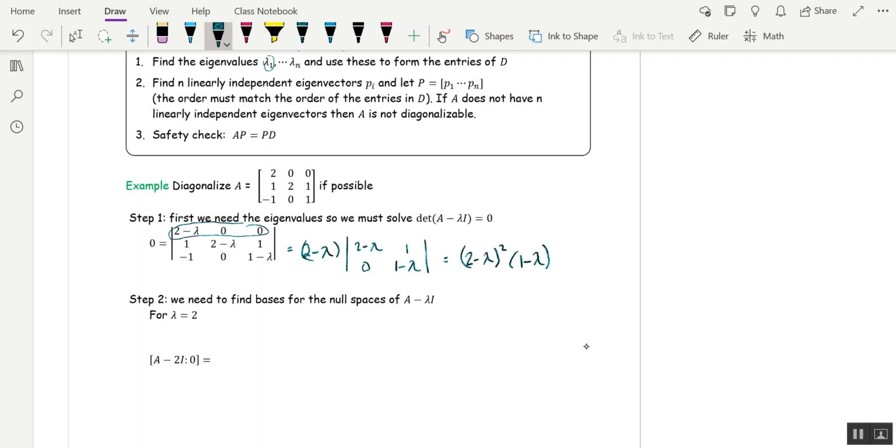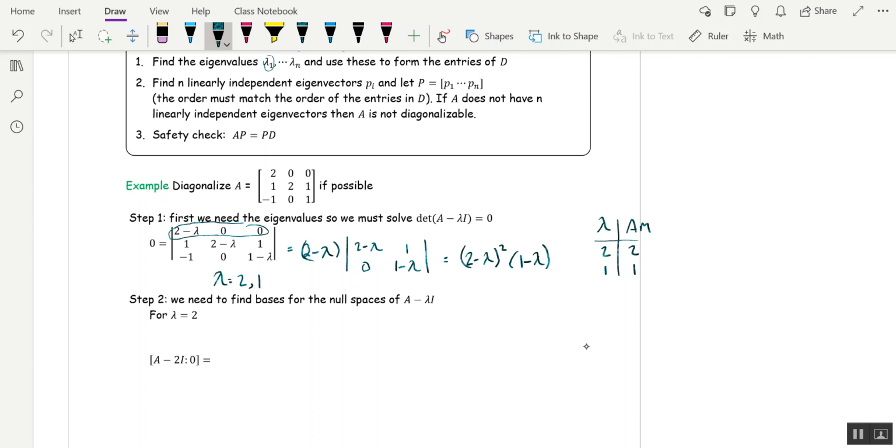And I've got my equal 0 on that side. So my eigenvalues are lambda equals 2 and 1. The algebraic multiplicity of 2 is 2, and the algebraic multiplicity of lambda equals 1 is 1.